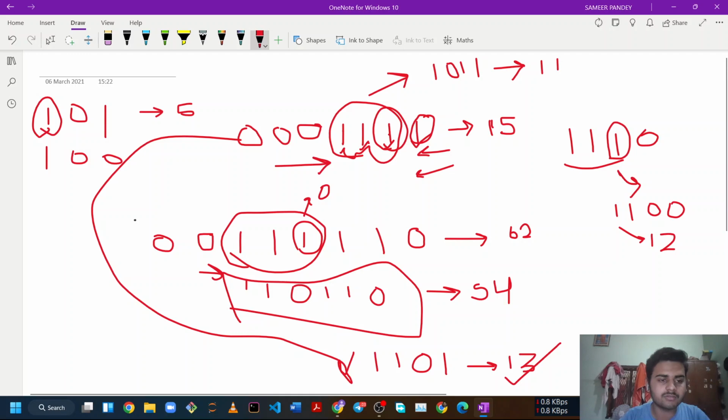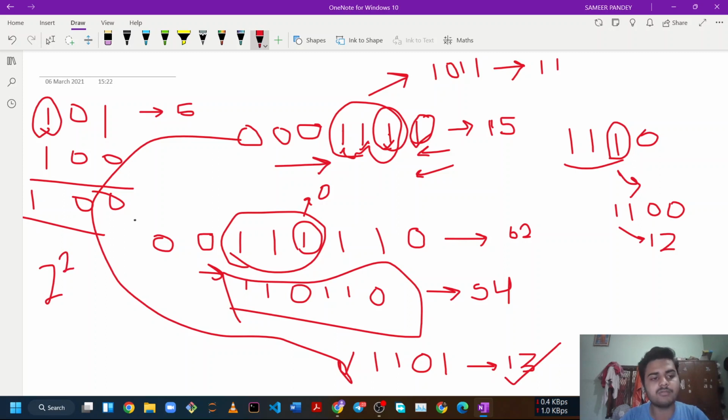If I take it, then it gives me 0 0 1. If this bit is set, then its AND with 2 to the power 2 gives me the answer as 1. Otherwise, it gives the value as 0. Suppose this is not set, then this also becomes 0.